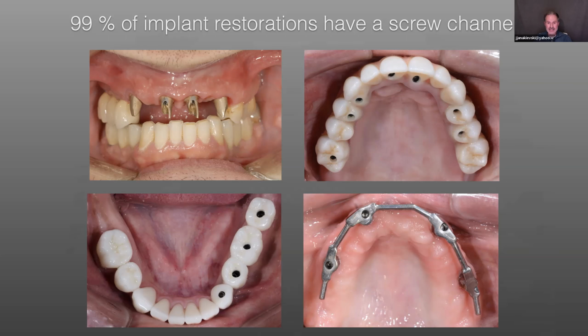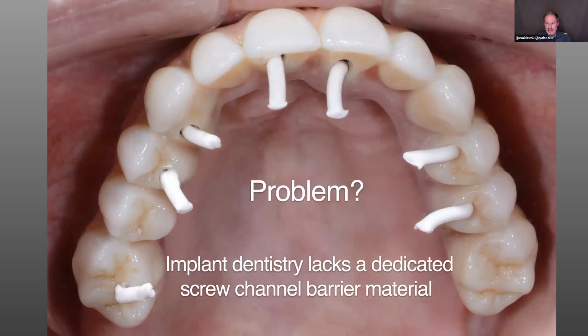So we need to have a strategy for managing these screw channels. This is where we started questioning what we are doing with regards to screw channels. Can we improve what we're doing? Is there really a problem with what we have? We realized that we really didn't have a dedicated screw channel barrier.